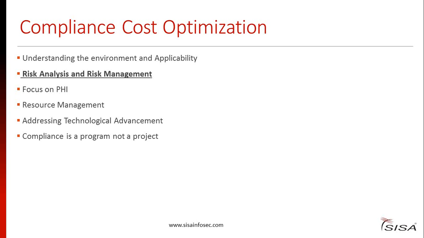HIPAA's core is PHI, your protected health information. So while you are designing the controls, do not forget what you are trying to protect. Whatever controls you are designing, whatever investment you are making, you have to make sure that that investment, that control, is going to protect your PHI. So that has to be the focus. The focus should not be blurred.